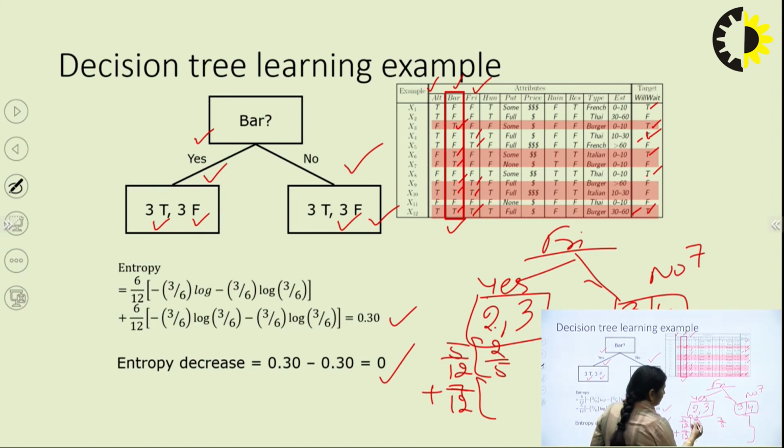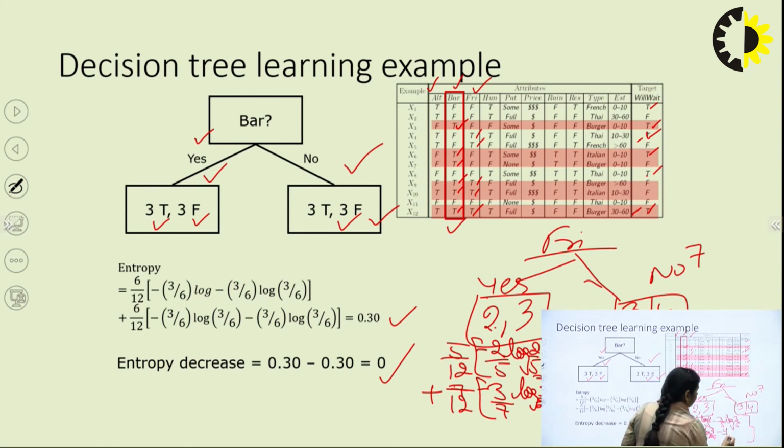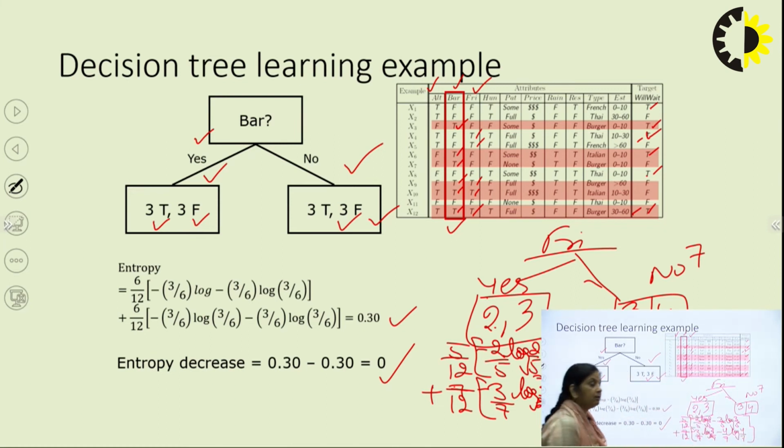It means minus 2 by 5 into log of 2 by 5 minus 3 by 5 into log of 3 by 5. Now for the next 7, 3 are true. So this is minus 3 by 7 log of 3 by 7 to the base 2 minus 4 by 7 into log of 4 by 7, as 4 are negative. So this way one by one we will calculate all the entropies.